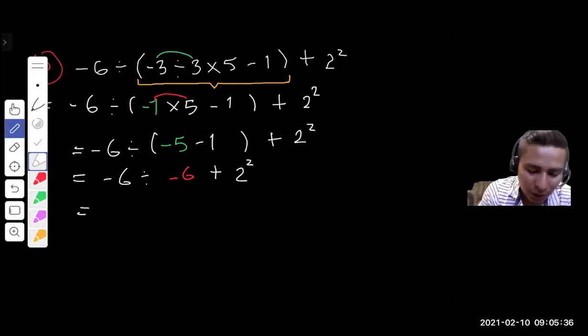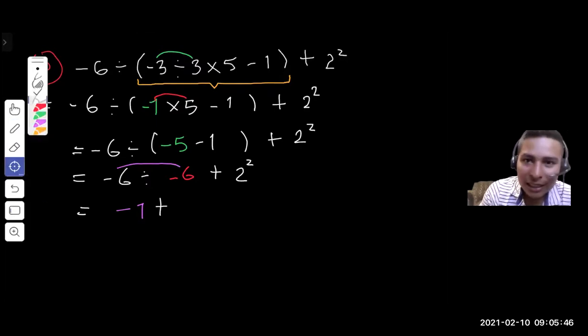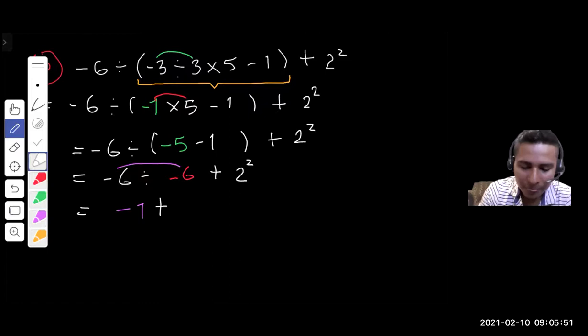What is that equal to, guys? It is going to be 1, because 6 divided by 6 is 1, plus, and what is this equal to? 2 to the second power.